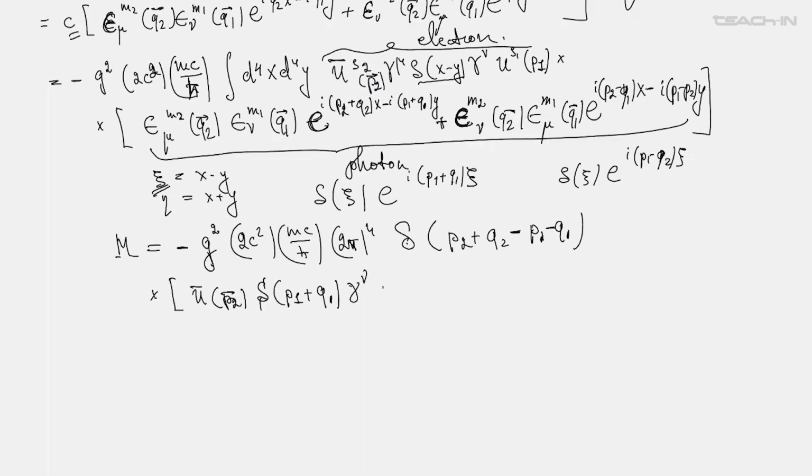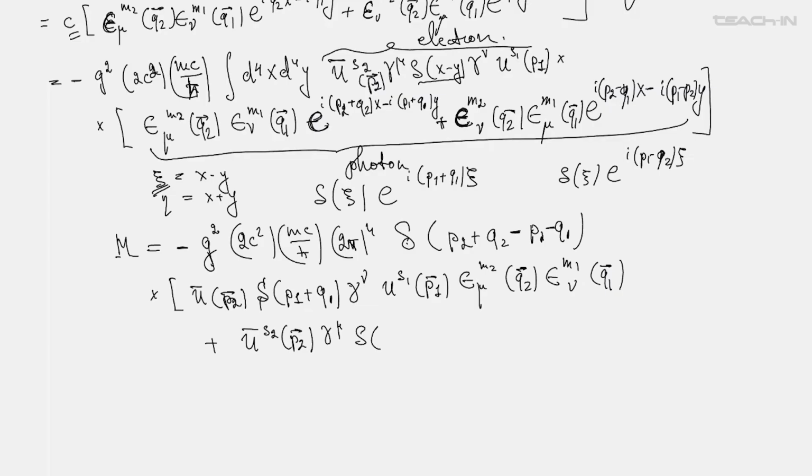Epsilon mu M2 Q2, epsilon M1 nu Q1, plus U bar S2 P2 gamma mu S P1 minus Q2, and then gamma nu U S1 P1, epsilon M1 mu Q1, epsilon M2 nu Q2.